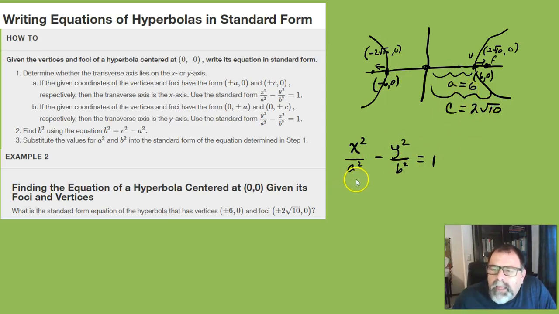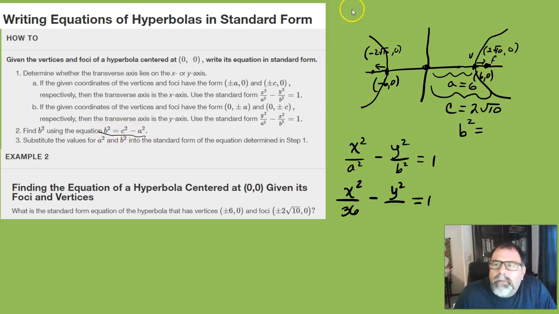We established a is 6, so a squared is 36. B, we don't know. We've got to figure that out. Well, if c is 2 square root of 10, we're going to use this formula for b squared. Basically, that's just solving.